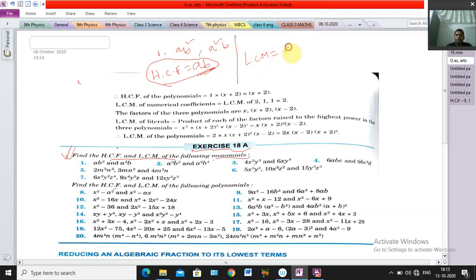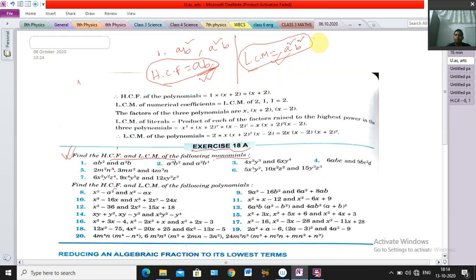For LCM we take the highest power, as I told you before. So from A and A square, A square will be taken. And from B square and B, B square will be taken for LCM. Understood? So this is the LCM. So HCF is AB and LCM is A square B square. Understood, sir? Clear?